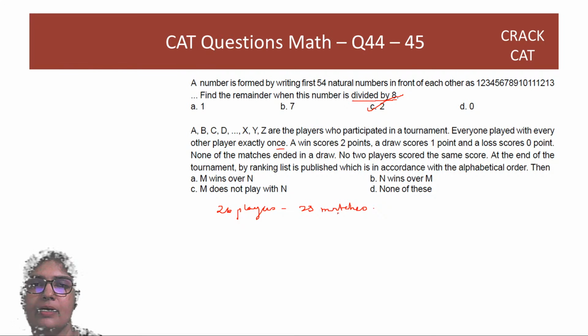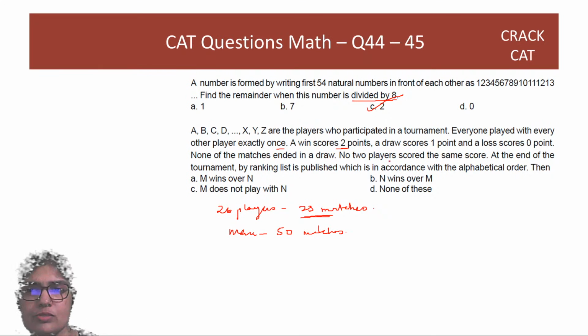Now, the maximum anyone can get is if that person wins all 25 matches. So the maximum score is 50, winning all 25 matches. Minimum is when they lose all 25, in which case they get 0. Maximum score is 50, minimum score is 0.